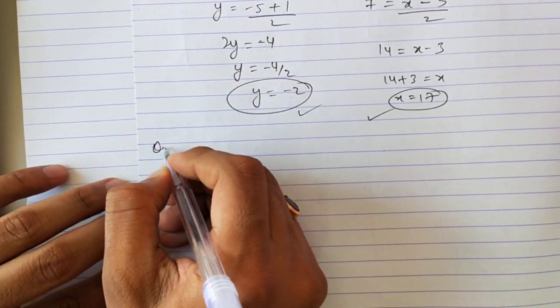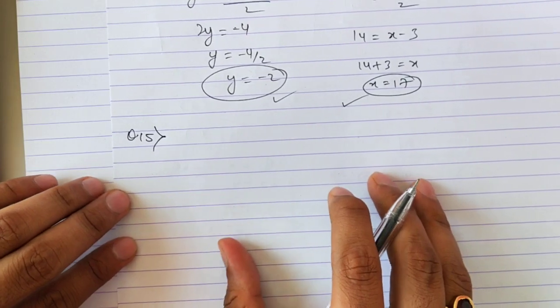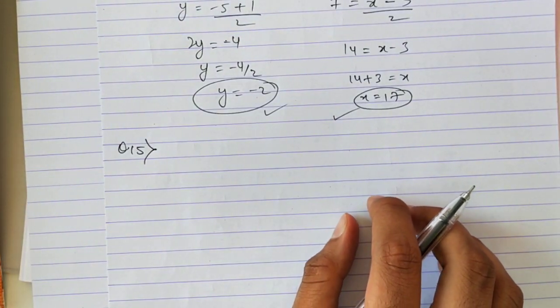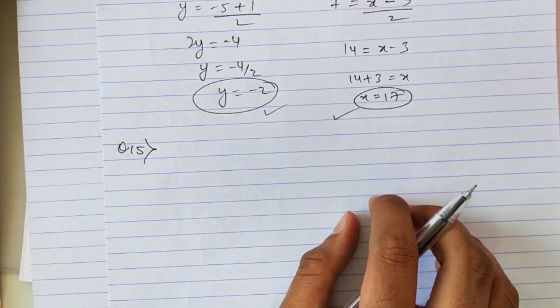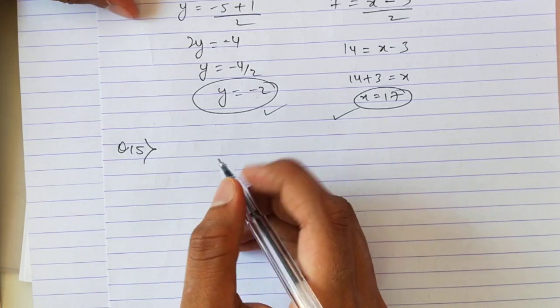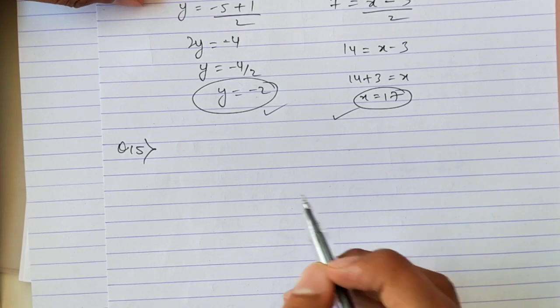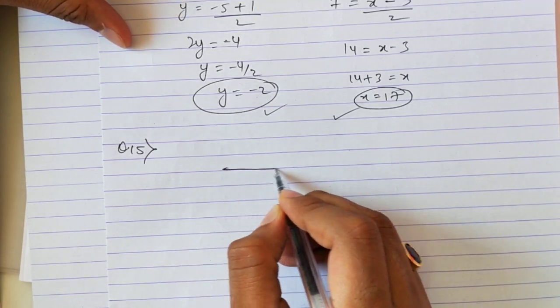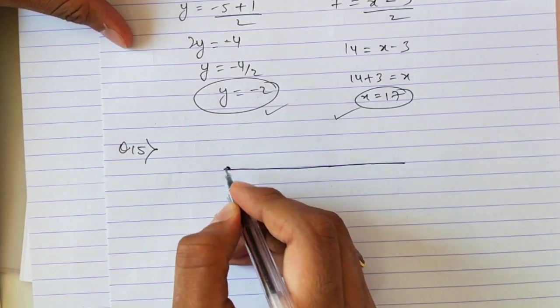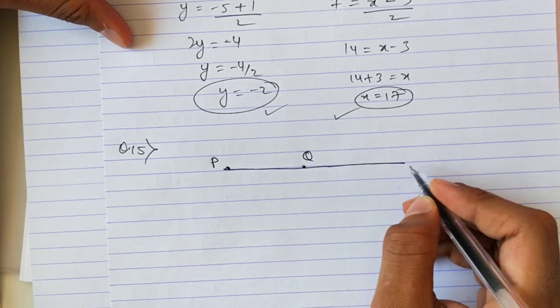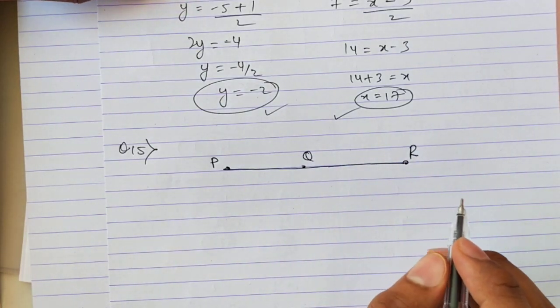Question number 15. Again, it is the same question, like PQR are given. They have told that PQR is collinear. I'll explain this sum, but I want you to solve it on your own.